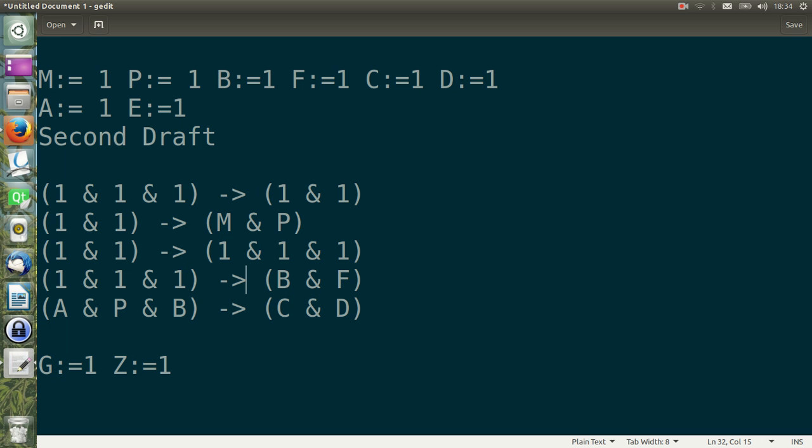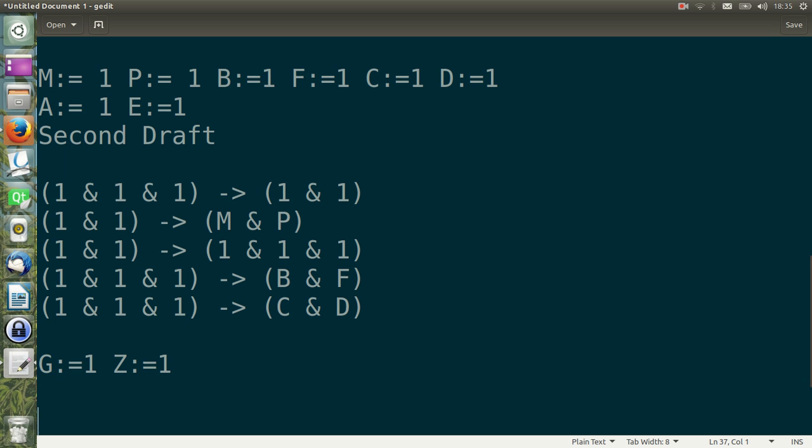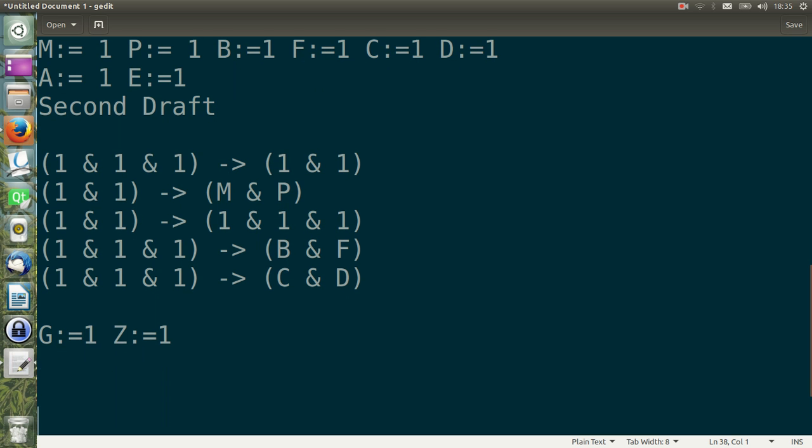Well, we already have the values of B and F, so we don't have to process it again. And this rule was also implemented, so no need to do it again. Finally, we already have all the needed conclusions. So we can show the results in the user interface.